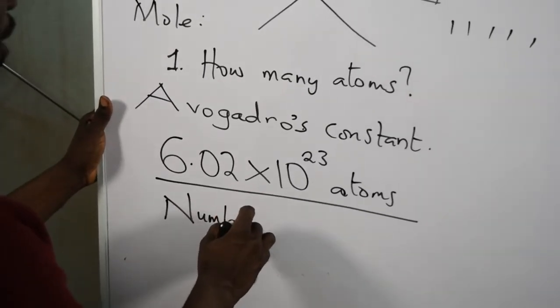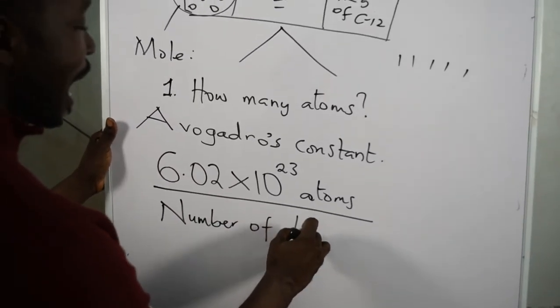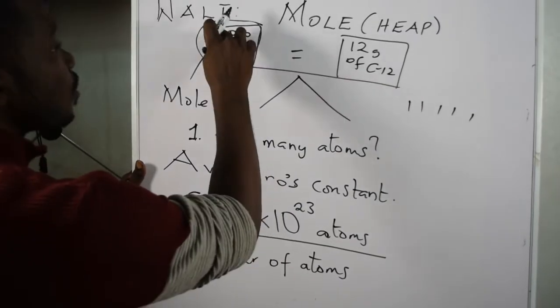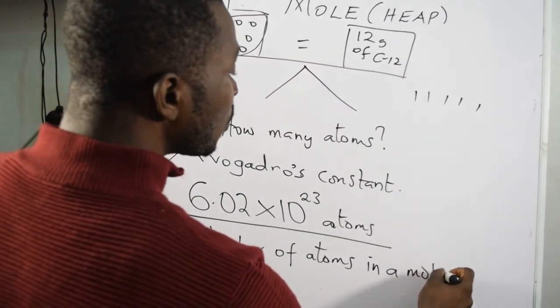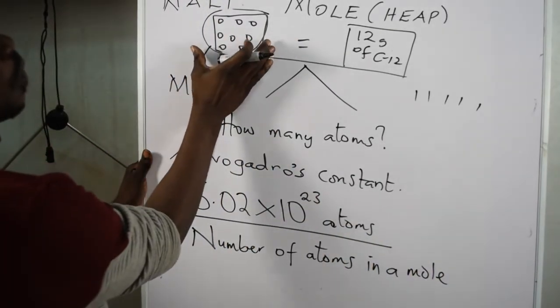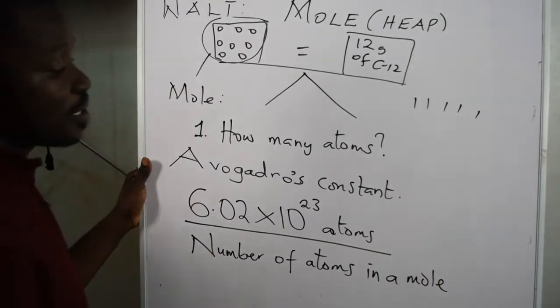It simply means the number of atoms in a mole. So this is 1 mole, the number of atoms that were placed here.